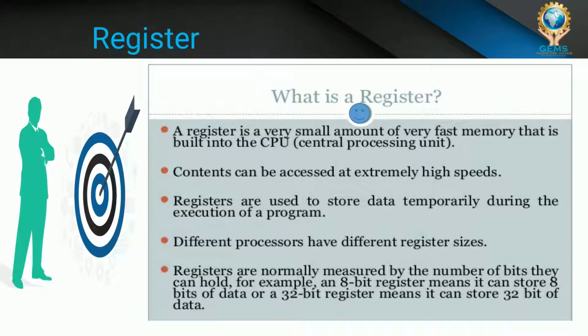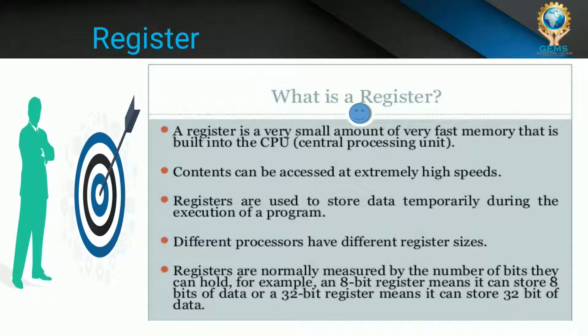We have to understand one thing here. If the CPU wants to access data, it is available inside registers. Registers are nothing but small memory storage, a small memory unit. They quickly help the CPU to access the data.